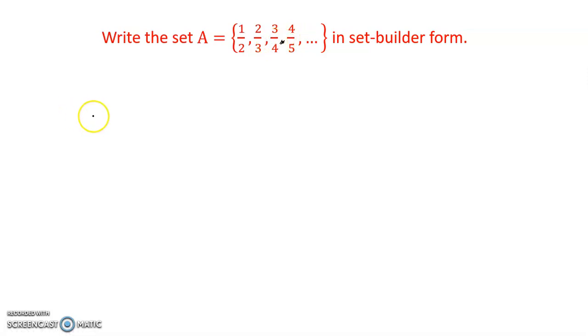So you can write it simply like this: A is equal to x such that x is equal to n upon n plus 1 and n belongs to N. I did not put any upper cap on it because it is continuously going on.